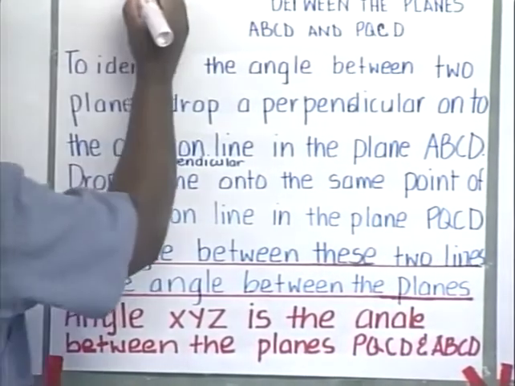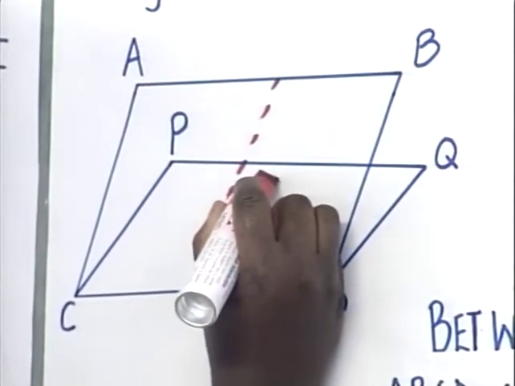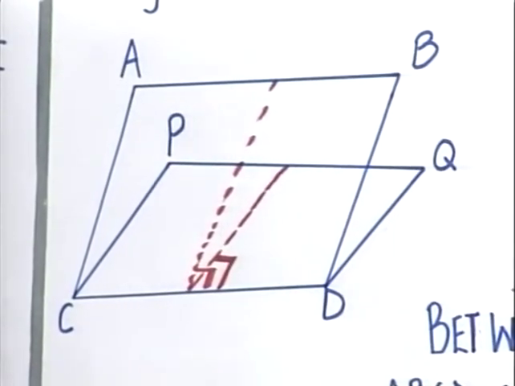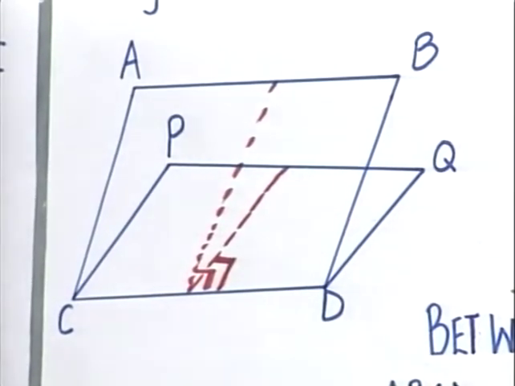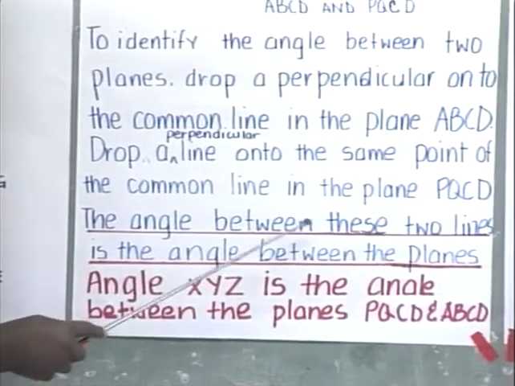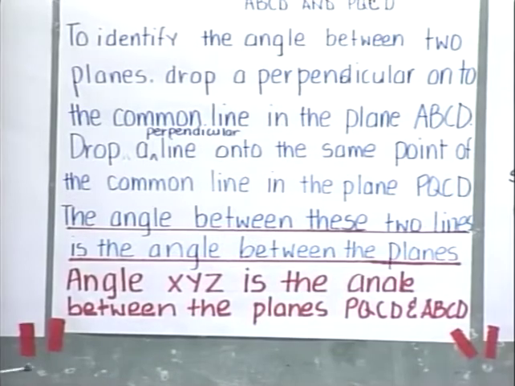So I draw the perpendicular to CD. Okay, this is the line perpendicular to CD, but it is on the plane PQCD. And then we are told that the angle between these two lines that you have drawn is the angle between the planes.